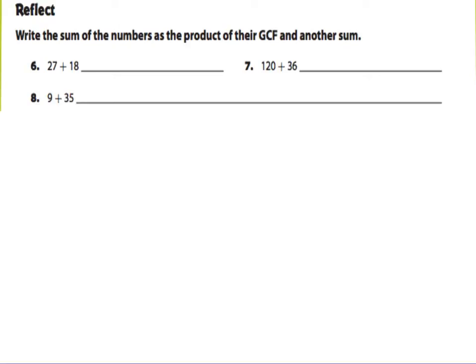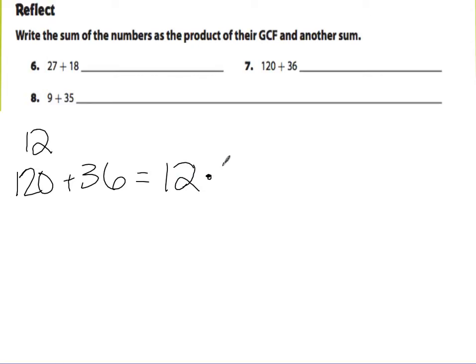So for number 7, the greatest common factor here would be 12. Okay, so 120 plus 36 is the same thing as saying, well, 12 times 10 plus 12 times 3.